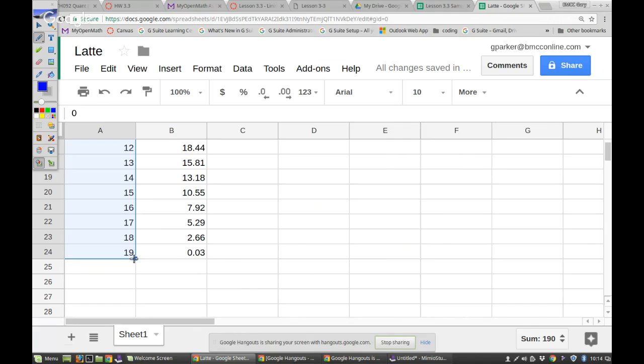If something goes wrong, just do Control Z. Got some negative numbers, so I like to exclude negative numbers. So did everybody get 19 days on this?